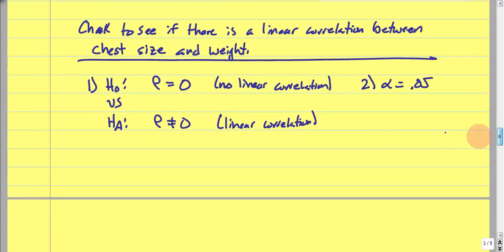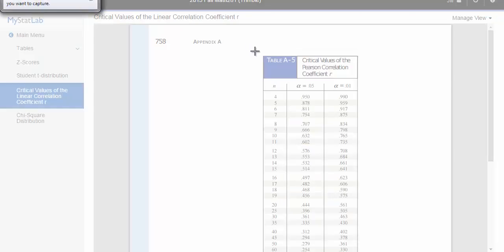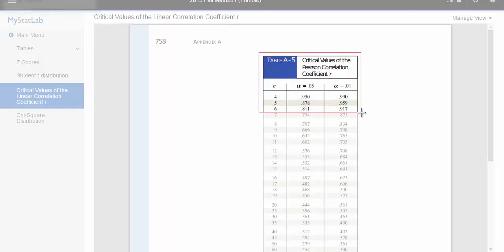Next step, we're going to find our critical values. Remember, the critical values come from that table. So we had 6 bears that we measured, so we'd be under 6 right here. 5% level of significance, 0.811. So let's go ahead and snap that in so we can see where that's at.